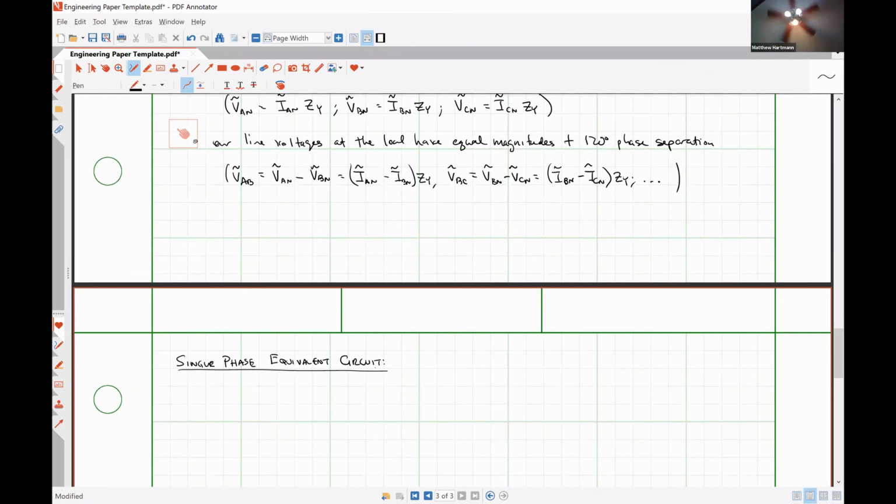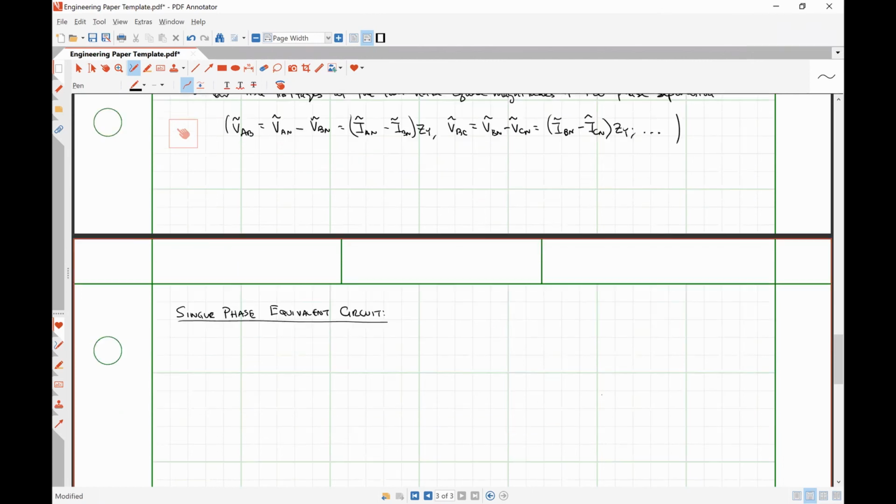This is true even if Zn, the impedance of our neutral conductor, is an open circuit, meaning even if the neutral conductor isn't physically there, we can still treat it like a short circuit. So we can actually split our balanced three-phase YY network into 3 independent single-phase equivalent circuits.